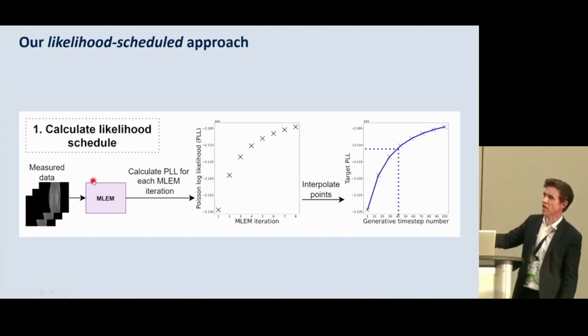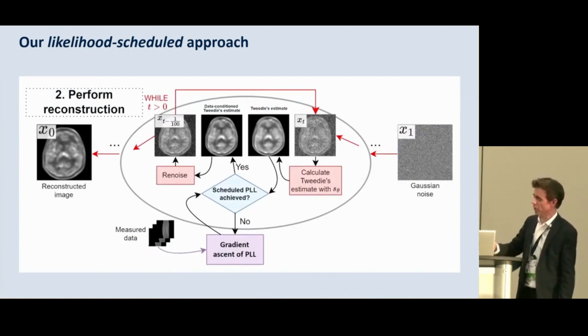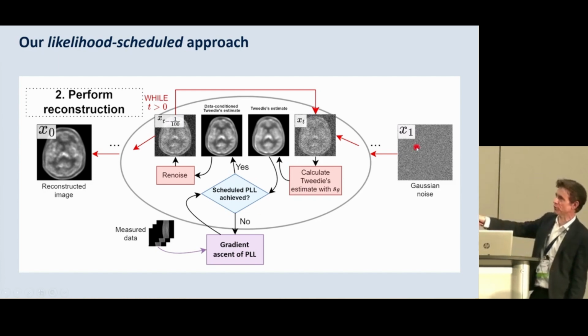We take a regular MLEM reconstruction and we look at the Poisson log likelihood as a function of iteration, and then effectively generate 100 time steps from that, 1 to, for example, 8 iterations. And what that translates to is the following. We start off with random noise. What we do first of all then is denoise that using our deep network.